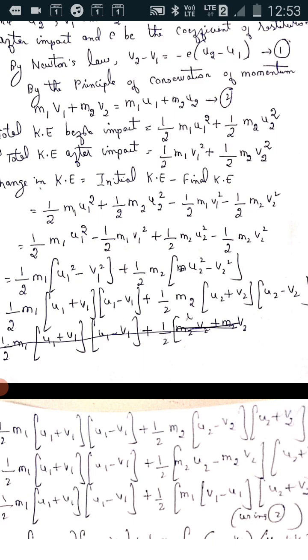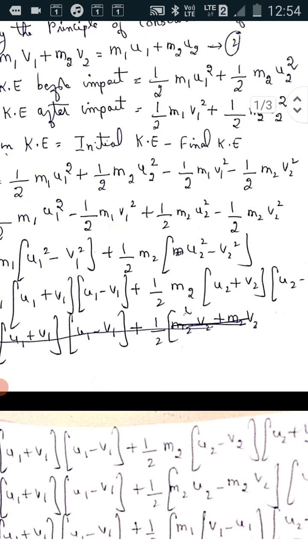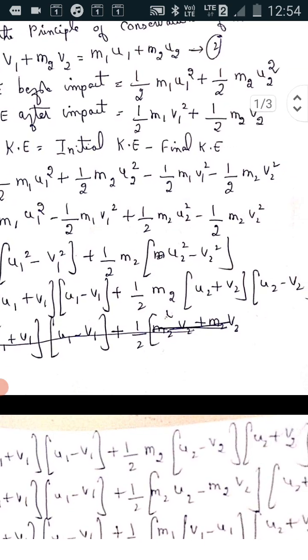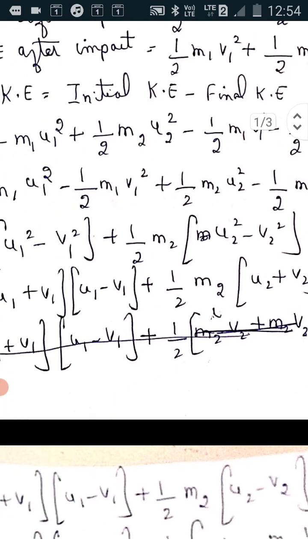Since it is a mere addition of four terms, we can club the first and third term, half m1 u1 square minus half m1 v1 square, and the second and fourth terms together, plus half m2 u2 square minus half m2 v2 square.